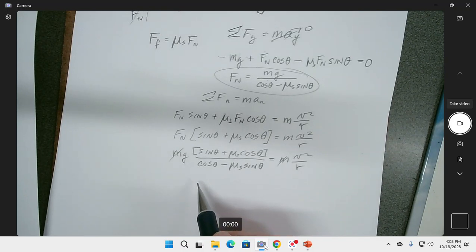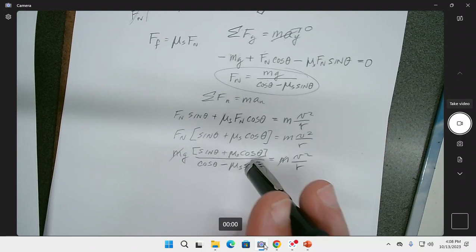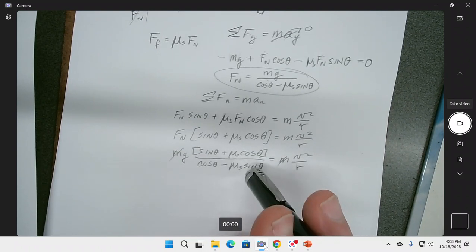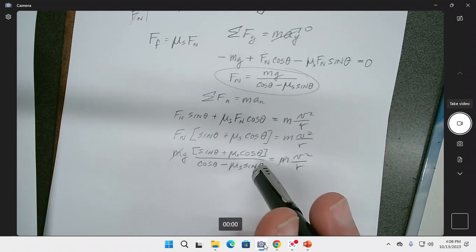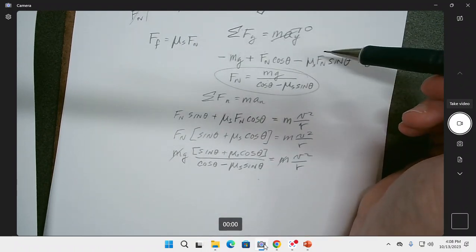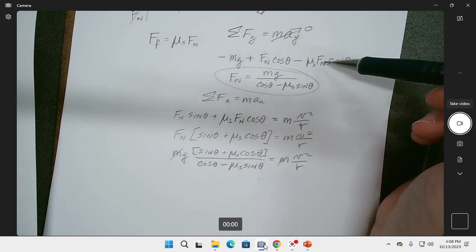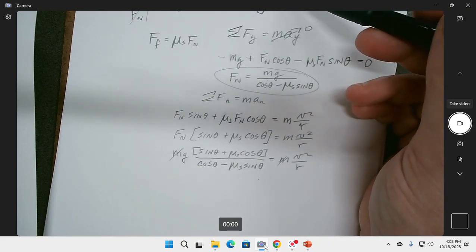Why would the normal force be at all dependent on the frictional force? Oh, that's a good question. Why would it be dependent? Well, for one reason, because it's dependent on the speed.